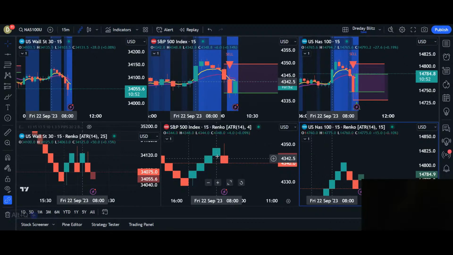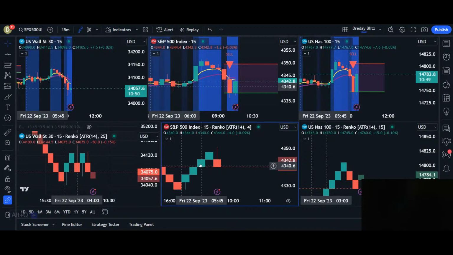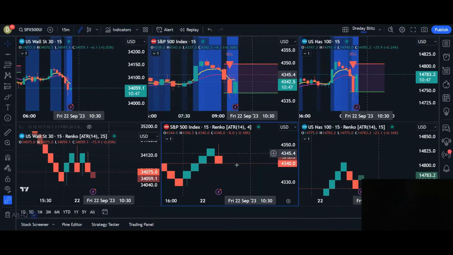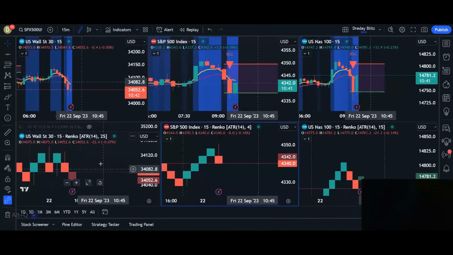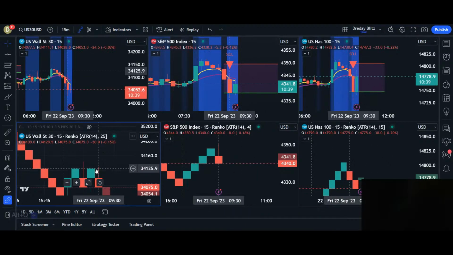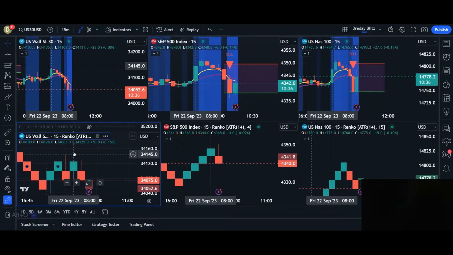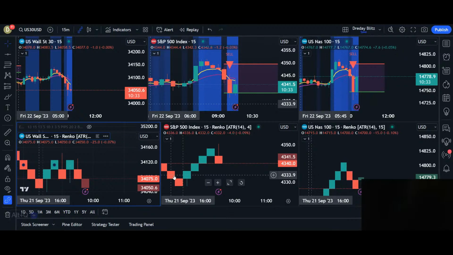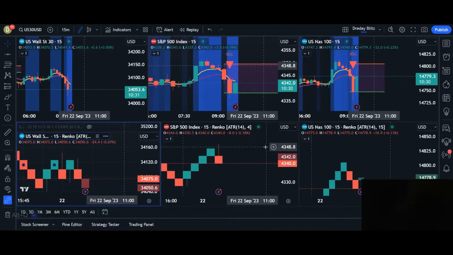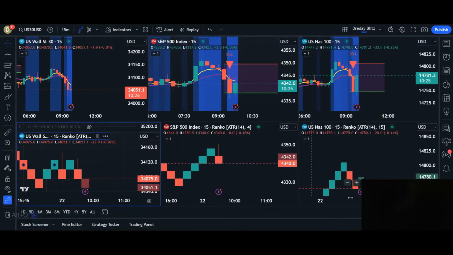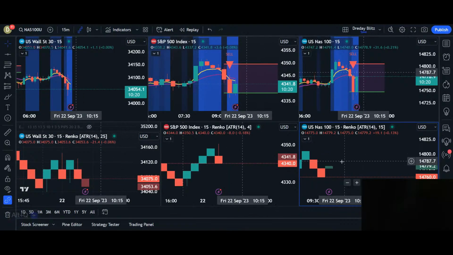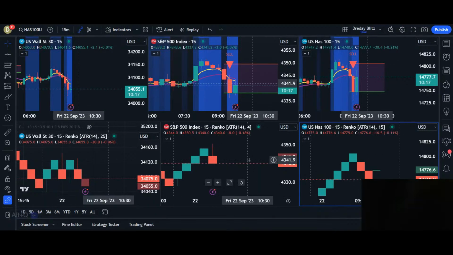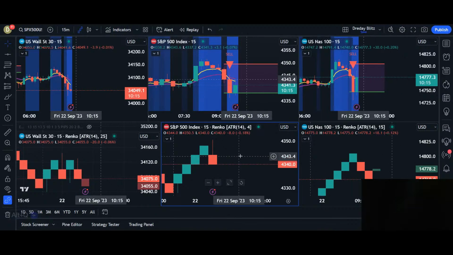It's the same thing on S&P 500, still no decision. And US 30, still nothing, US 30 is still going down. We're waiting for confirmation on where the market wants to go.